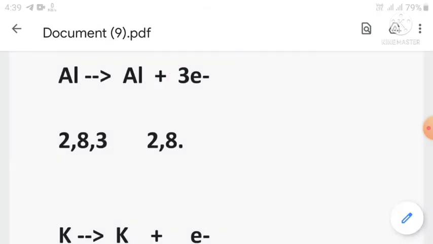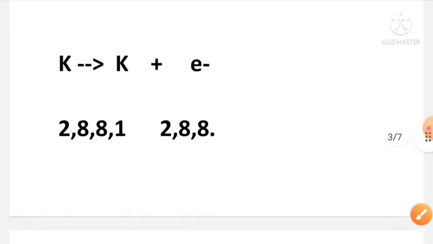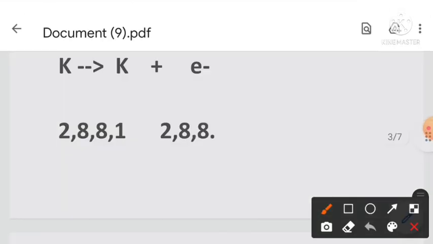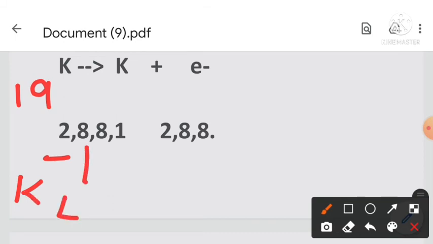Like this, in potassium, Z is 19, so we write the electronic configuration 2, 8, 8 and 1. The 2 comes in the K shell, 8 in the L shell, 8 in the M shell and 1 in the N shell.